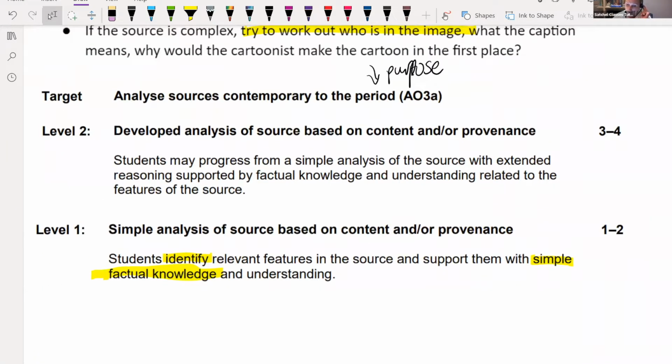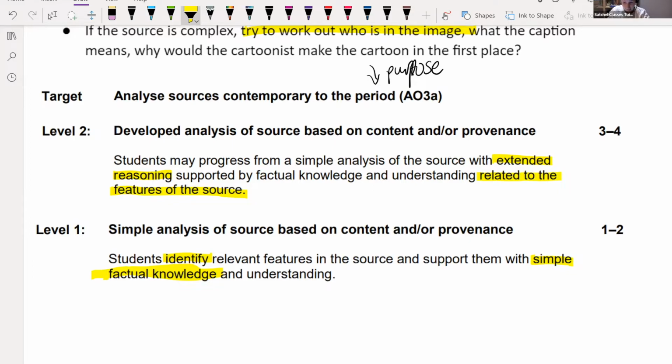If you want 3 or 4 marks, you've got to progress from a simple analysis of the source with extended reasoning supported by factual knowledge and understanding related to the features of the source. Now, mark schemes are helpful to an extent.